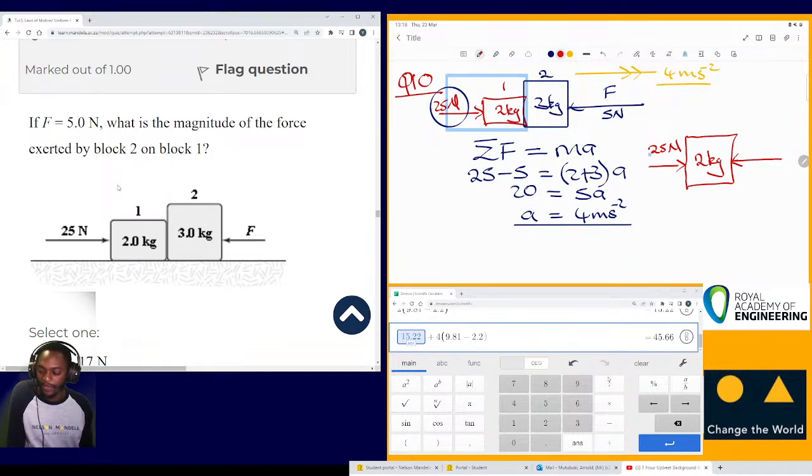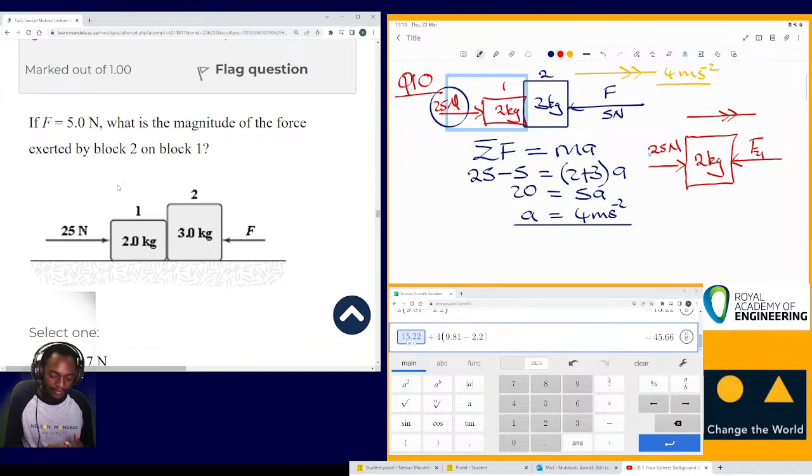So this force, do we know its magnitude? We don't know. It's F2 on 1. And we know that this system as a whole has an acceleration of 4 meters per second squared. Yes, 4 meters per second squared. So what do we do next now?